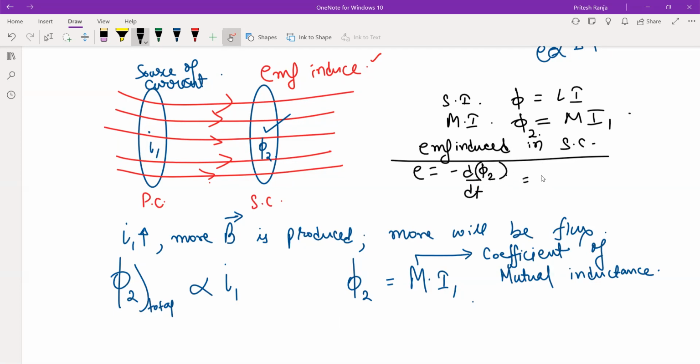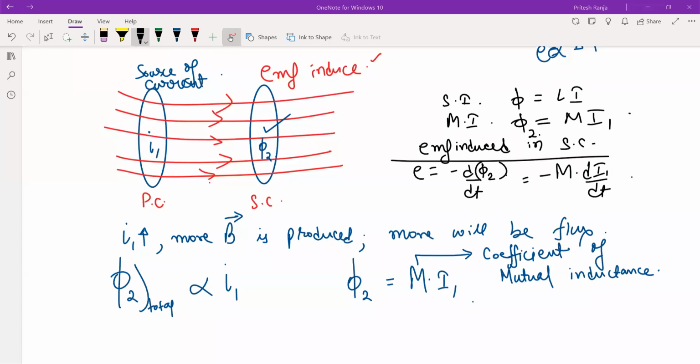So here we will get minus M, M is the constant, so dI by dt, and definitely this is dI1. If we want to define M, we can define it similar to the way we defined L in self inductance.